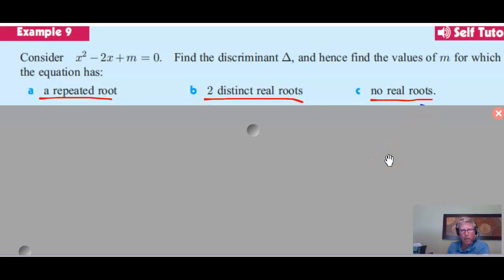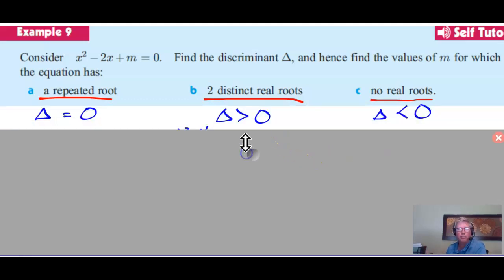So this is the type of problems you're going to have tonight. It seems like a lot, but you really have to answer one question and use that to determine the other 2. All right. So first of all, let's make sure we interpret what those are to the discriminant. A repeated root means it's tangent to the x-axis, means it touches in one spot.